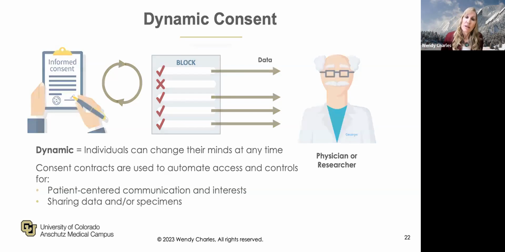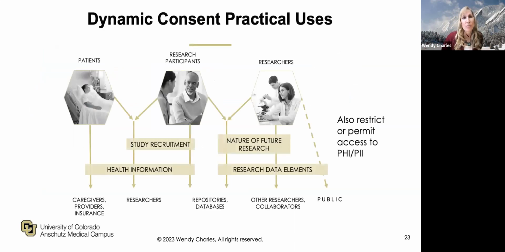And so when we think about how blockchain is used in practical uses, for some of the activities that I have been involved with, we've been using it for individuals having more say and sharing capability of their health information, or being able to agree to being in particular studies, or even how they will allow their data to be used for future research.